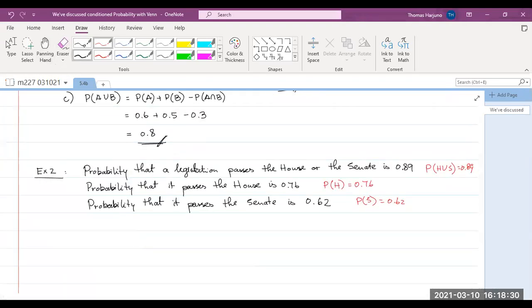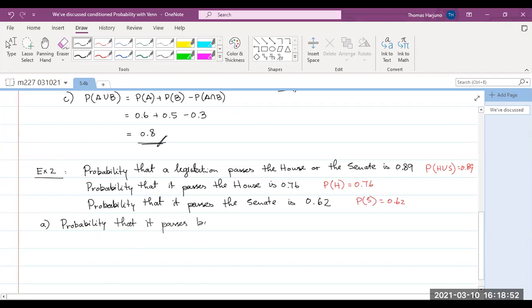Now then, part A, find the probability that it passes both the House and the Senate.